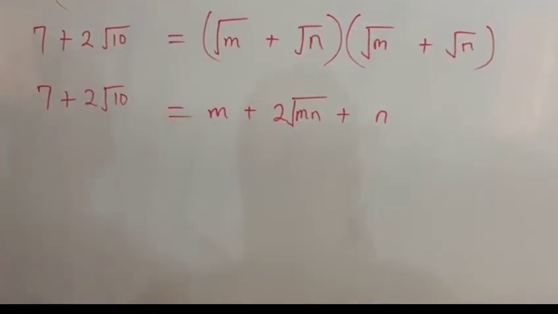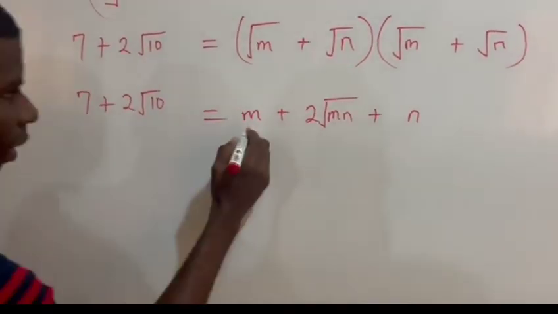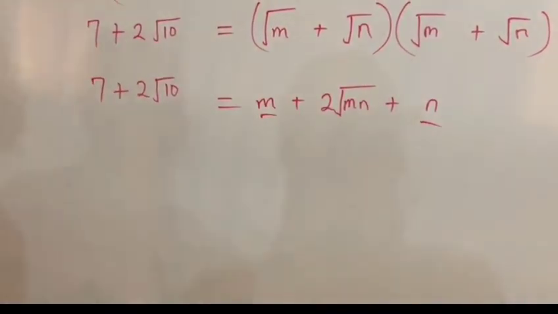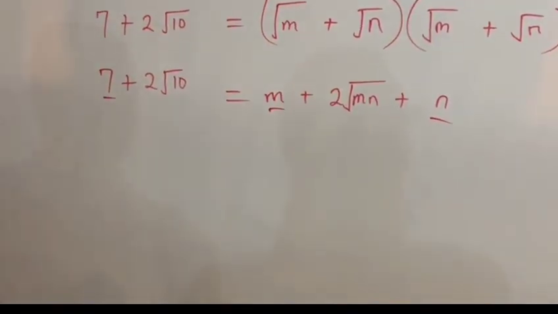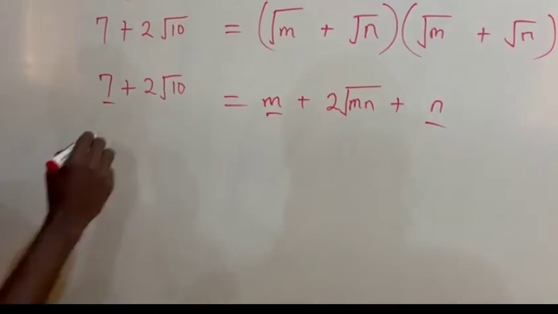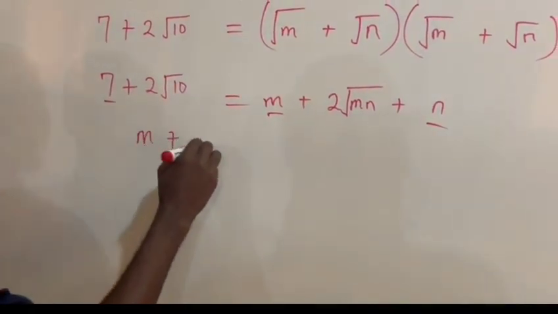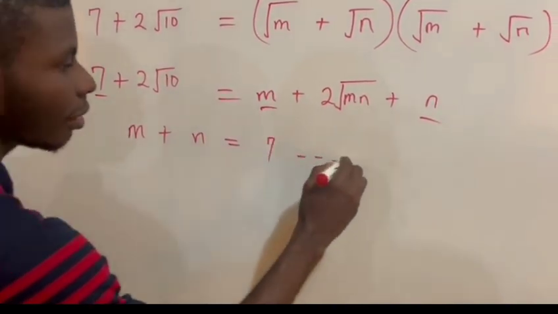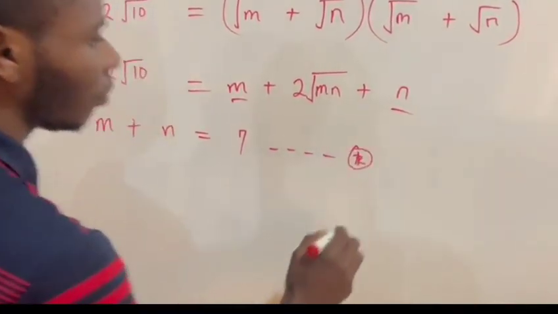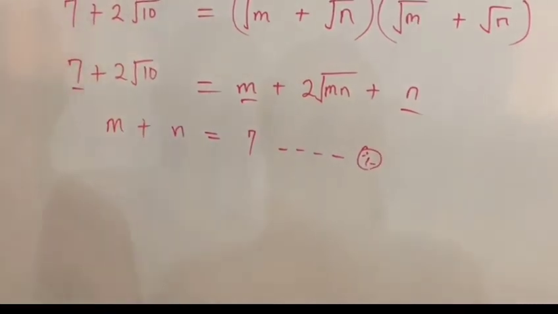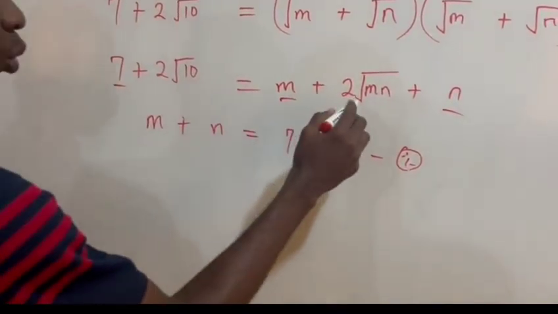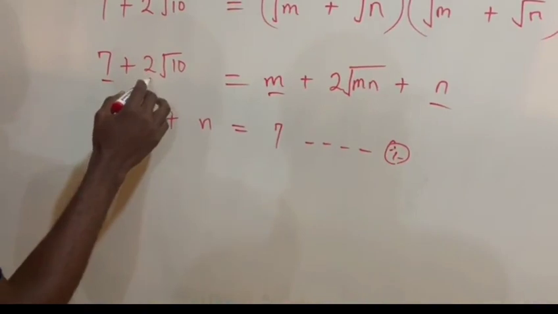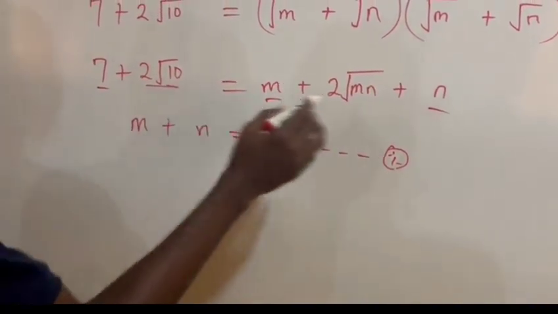Now, here is the trick. Remember, we have m and n here, and we have 7 over here. So it's safe to combine these together. m plus n equals 7. Let's say this is equation 1. And also, 2 root mn, we equate 2 root mn to 2 root 10.